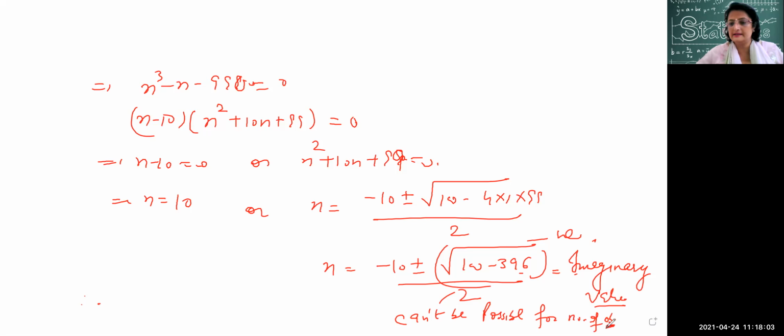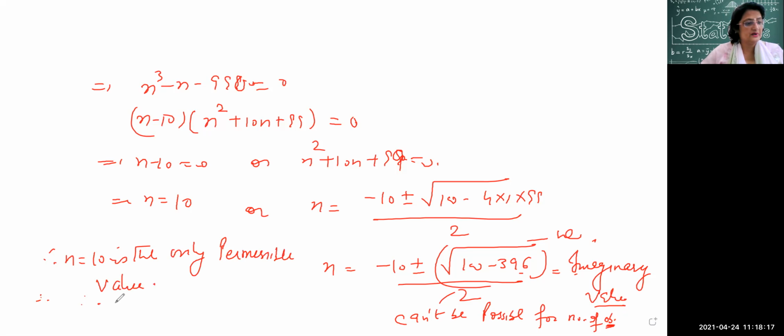Therefore n is equal to 10 is the only permissible value जिसको हम accept कर सकते हैं, right? So therefore number of pairs is equal to 10. So I hope this question is clear to you.